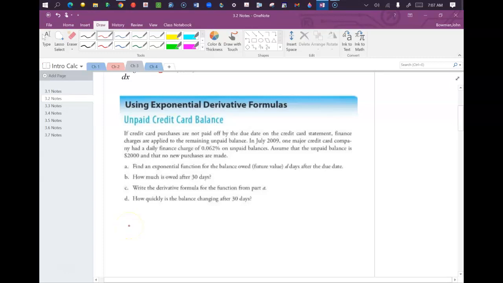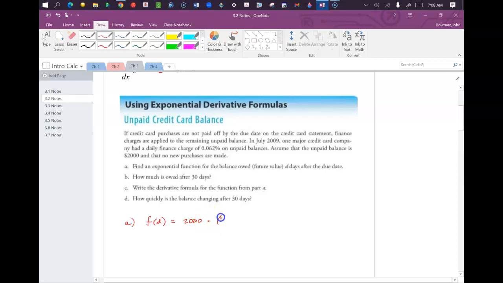For Part A, it says find an exponential function for the balance owed, future value, d days after the due date. If you recall exponential functions, f of d is equal to the initial value, in this case 2,000, that's our a, times b to the x.